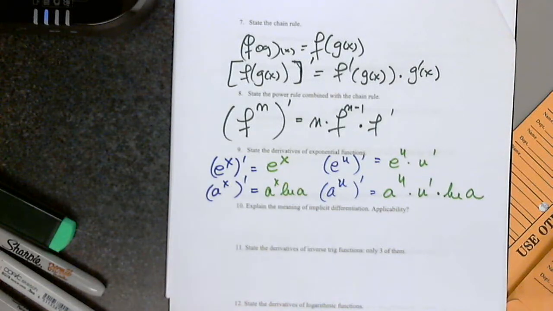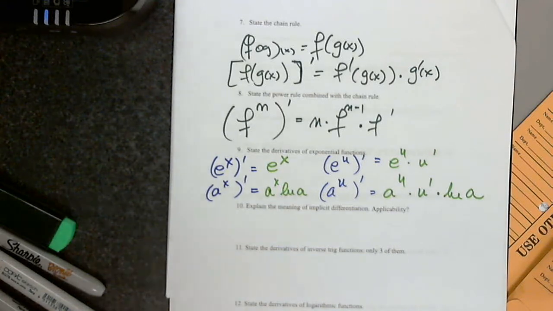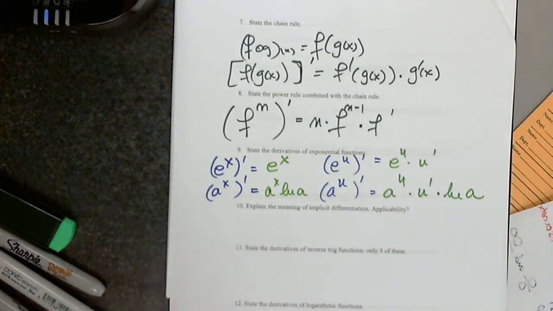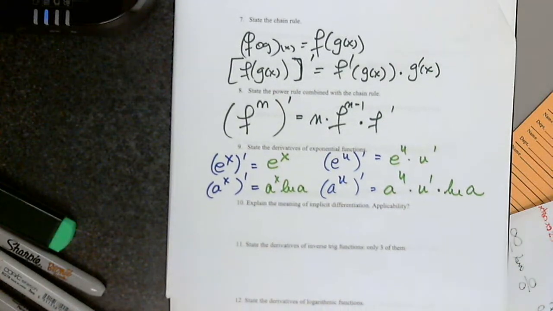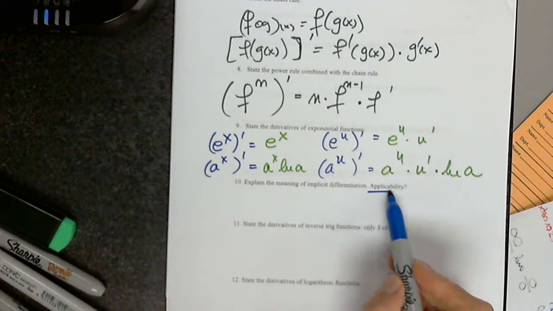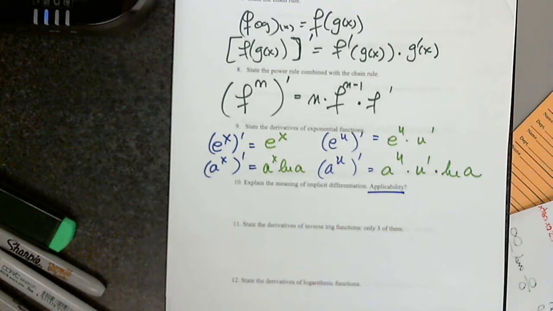And I will obtain an equation that may have still the function in it, but I don't have the function. And applicability is when I need to determine the rate of change with respect to x, or with respect to t, dy over dx, or dy over dt.